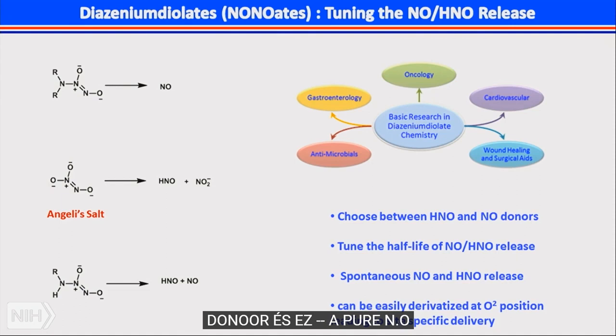While these molecules, when the amine is a primary amine, release one equivalent of HNO and one equivalent of NO. And this ratio actually depends on the pH of the solution. So we can change the pH and make it release completely pure NO versus HNO.